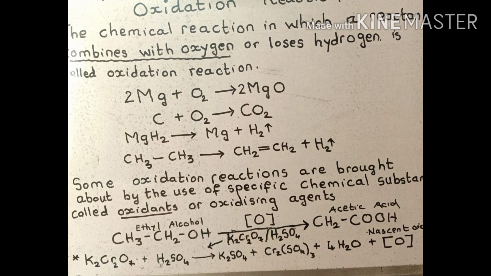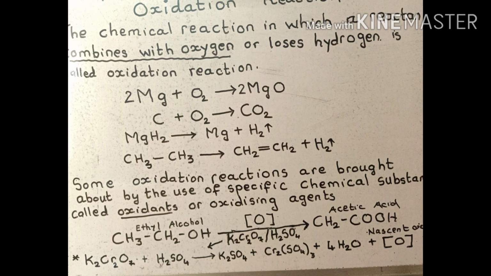The other two examples are examples where a reactant loses hydrogen to go into an oxidation reaction. So here you have magnesium hydride. Now what happens, students, when magnesium hydride is dissolved in water? It decomposes to give hydrogen gas. So the loss of hydrogen from magnesium hydride is also termed oxidation.